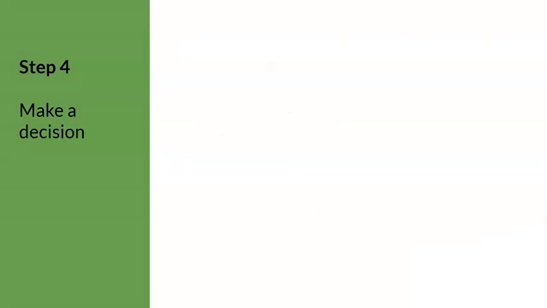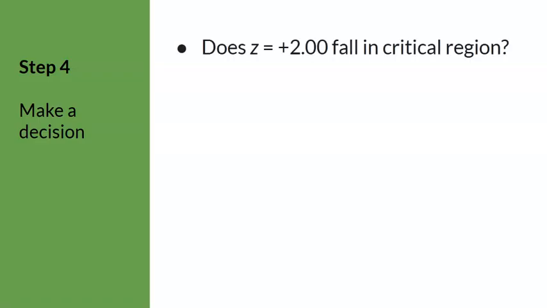Step 4. Now we need to make a decision to determine whether the study worked or not. In this step, we will compare the sample z-score calculated in Step 3 to the population prediction determined in Step 2. In other words, does the z equals +2 that we calculated in Step 3 fall in the critical region?